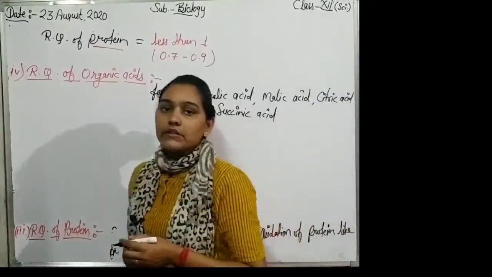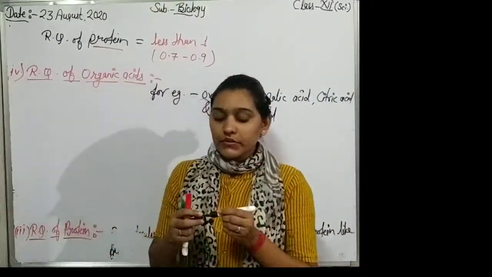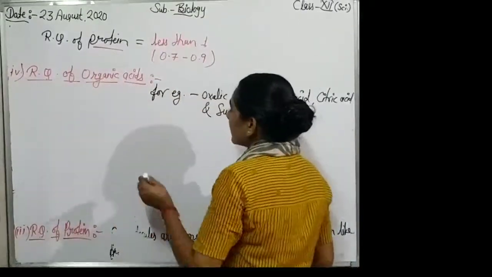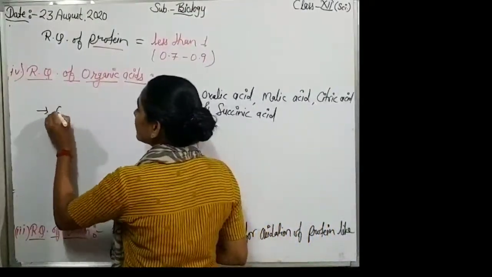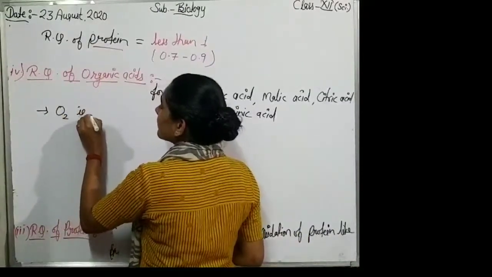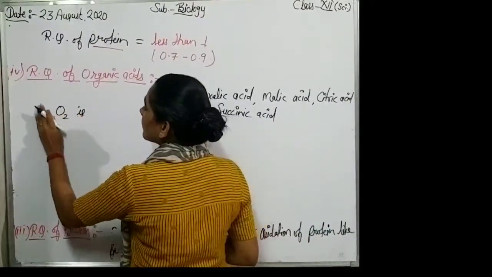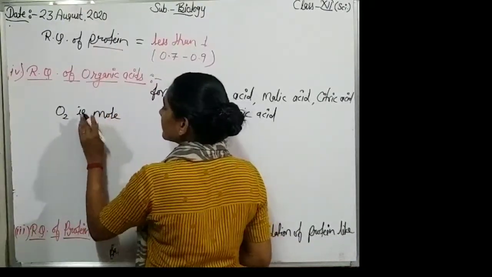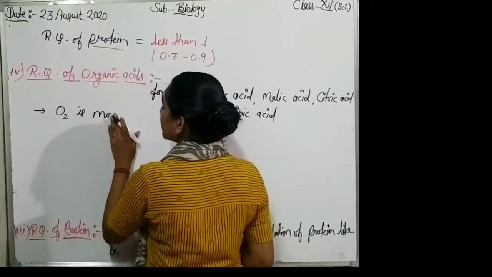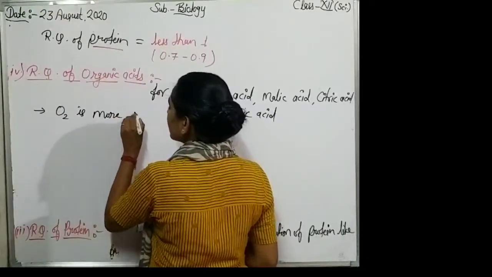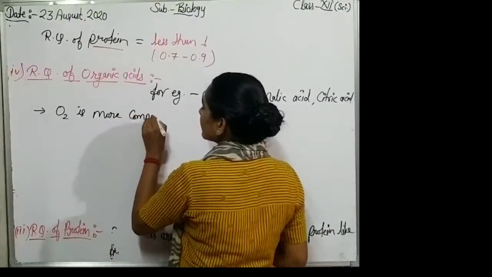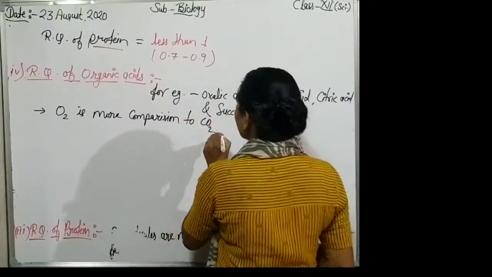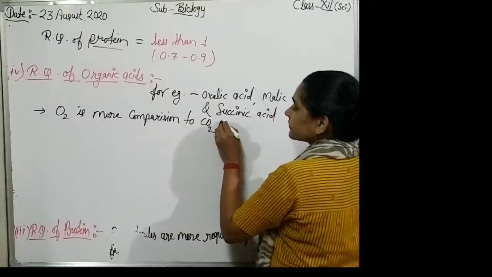So in organic acid oxidation, oxygen is less compared to CO2 molecules.